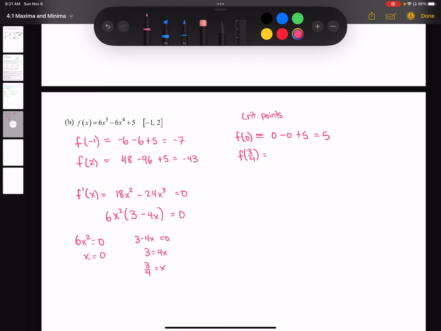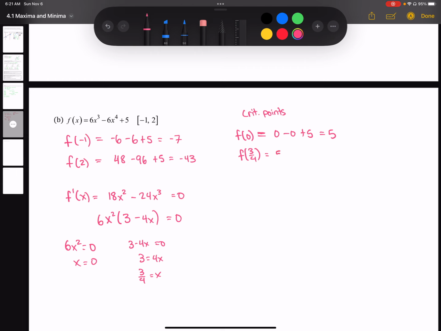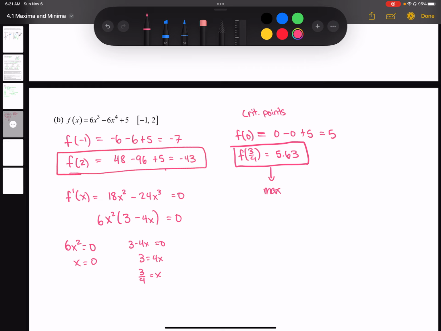So that's 5.63. So our maximum value is here, this is our maximum, and the -43 obviously is our minimum.